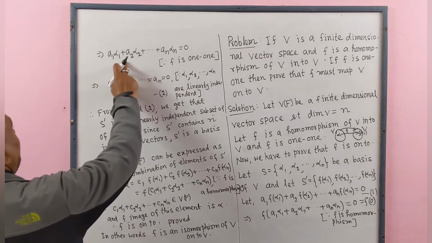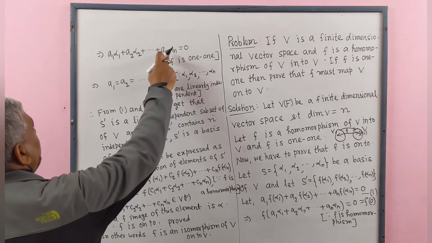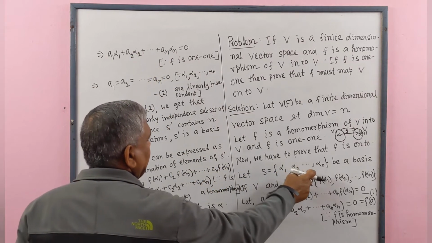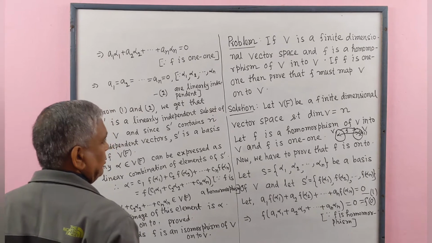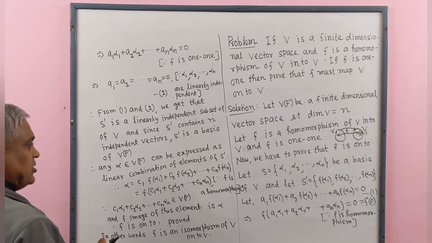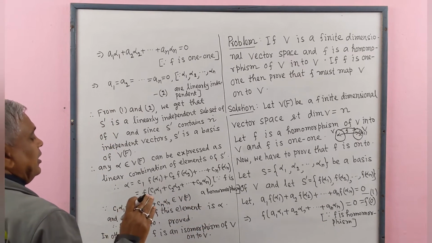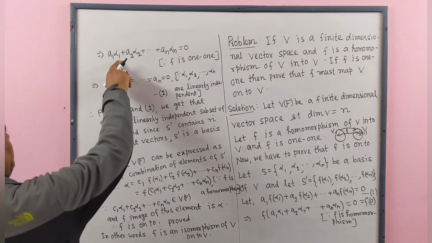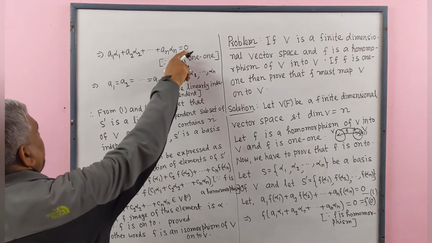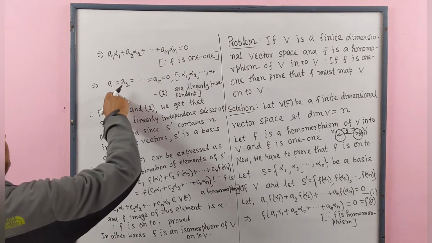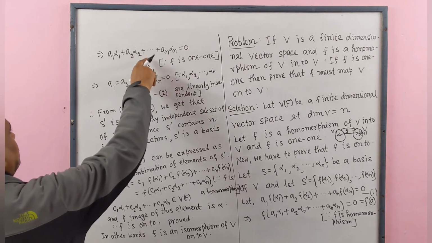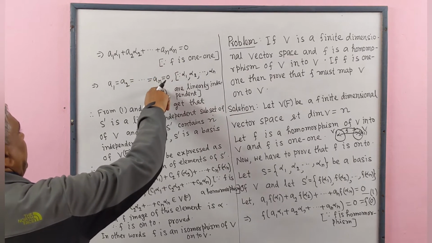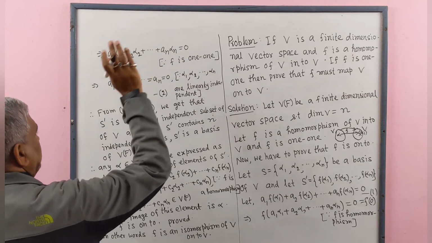Since alpha 1, alpha 2, dot dot dot alpha n are all linearly independent vectors, that is they are elements of the basis, so they are linearly independent vectors. Therefore from this equation we get A1 equal to 0, A2 equal to 0, dot dot dot An equal to 0.